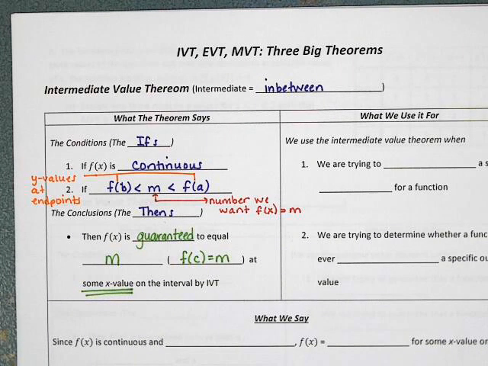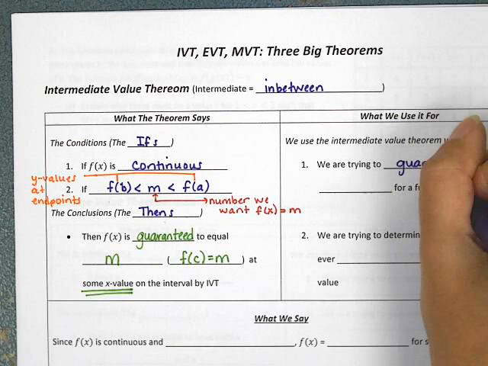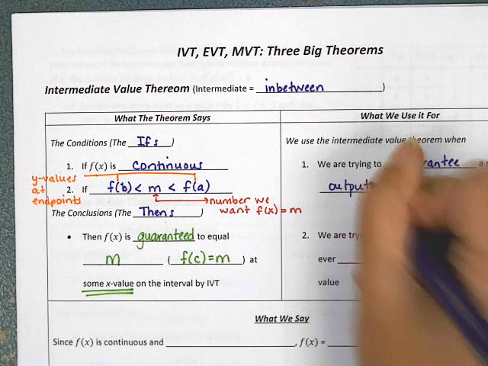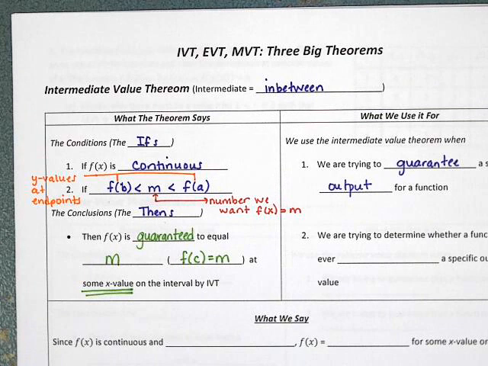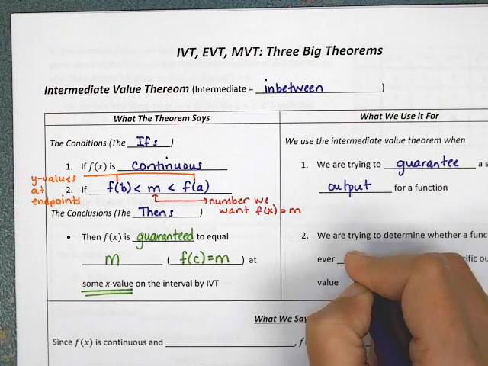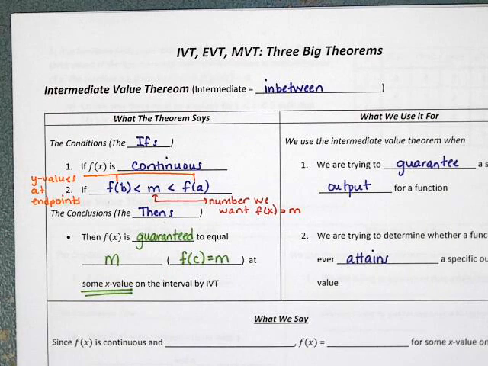What we use it for is when we are trying to guarantee a specific output value for a function, or sometimes if we are trying to determine whether a function ever attains a specific output value.